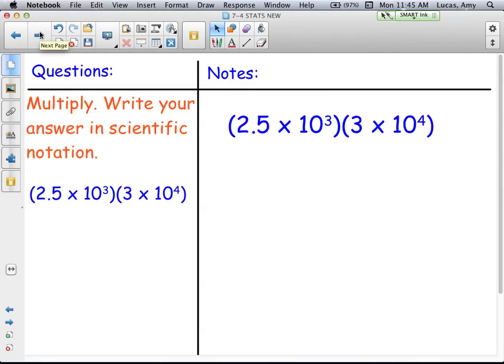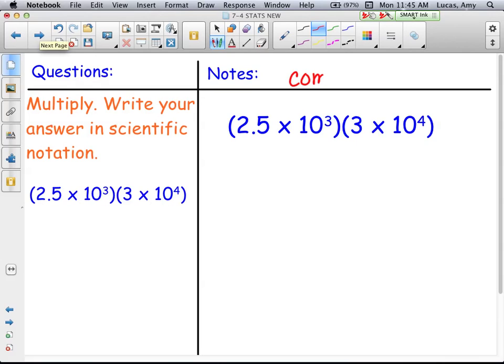The first problem says multiply. Write your answer in scientific notation. So we have 2.5 times 10 to the third power times 3 times 10 to the fourth power. What I'm going to do is use the commutative property for multiplication.